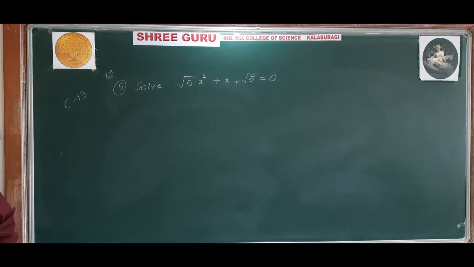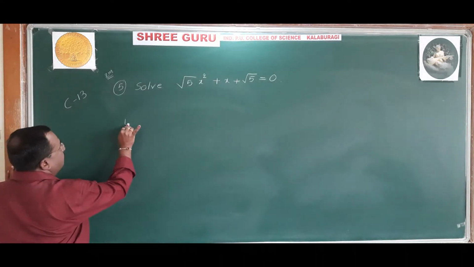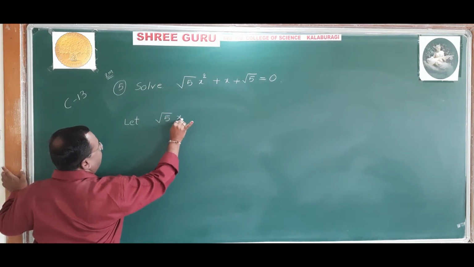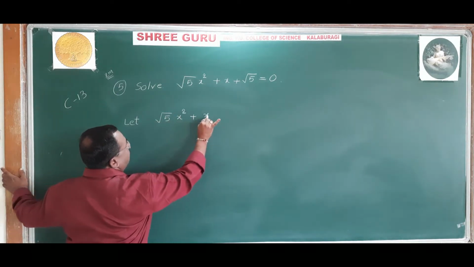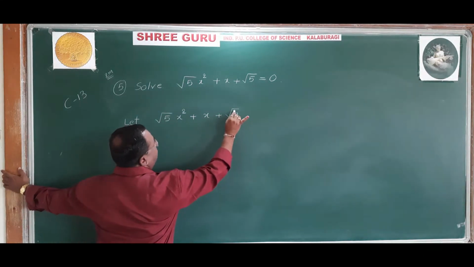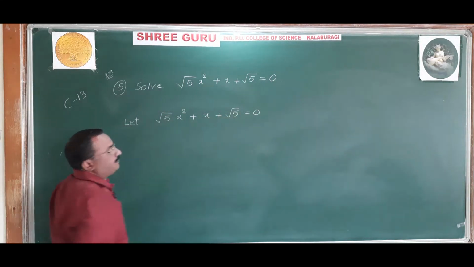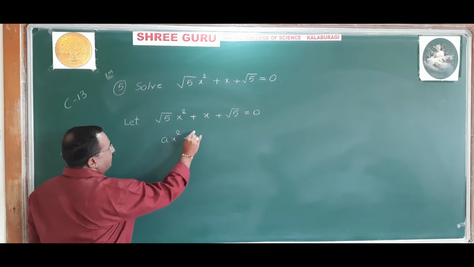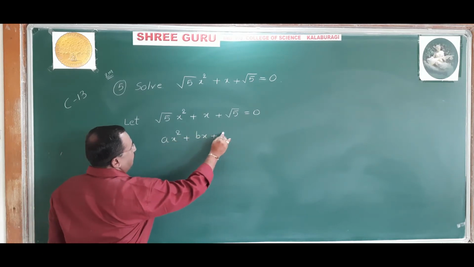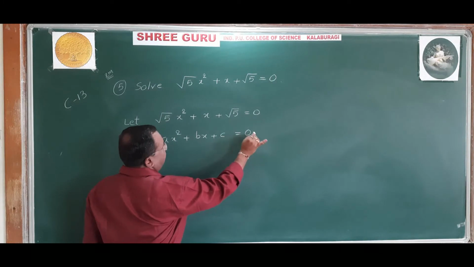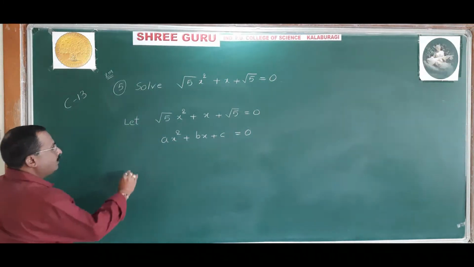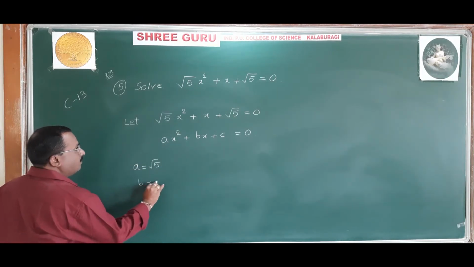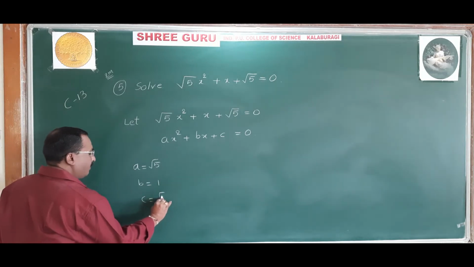This is non-factorizable form. Let root 5 x square plus x plus root 5 is equal to 0. This is in the form of ax square plus bx plus c is equal to 0, where a is equal to root 5, b is equal to 1, c is equal to root 5.